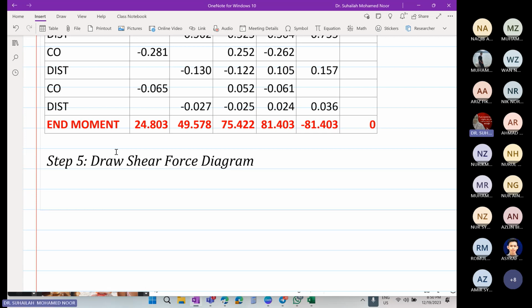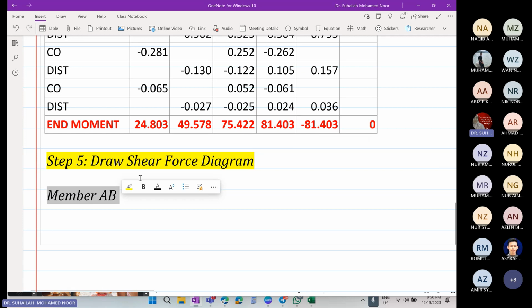And to draw the shear force diagram, we will do it member by member. We will start with member AB first. This is step number 5, for member AB.